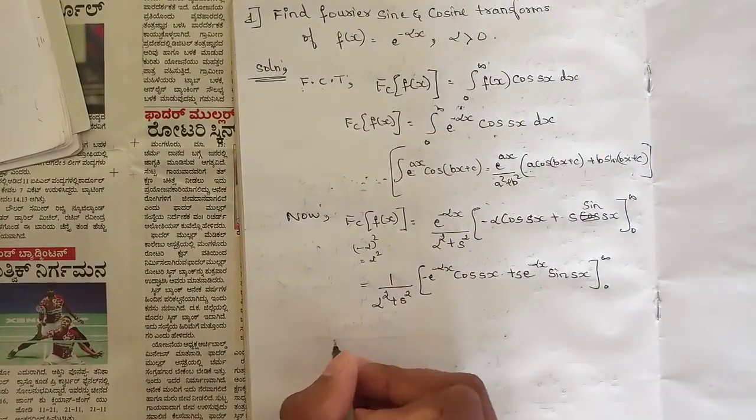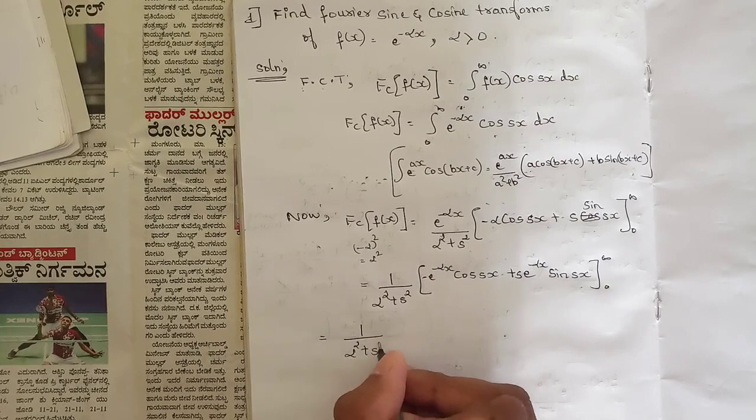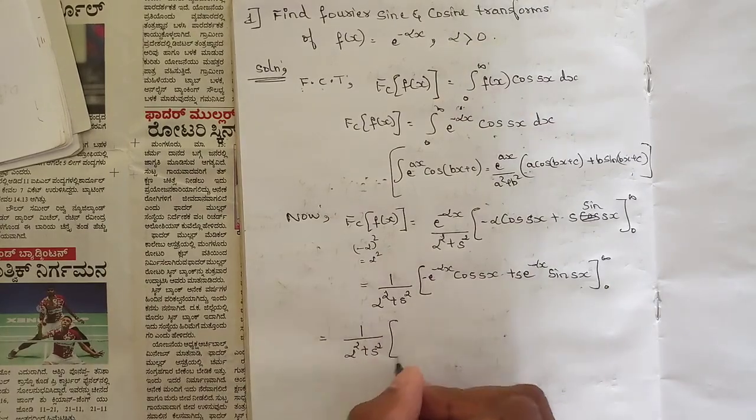So now we are going to apply the limits; 1 by alpha square plus s square is constant, it remains outside.